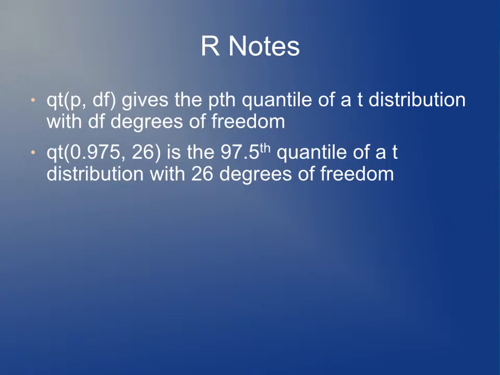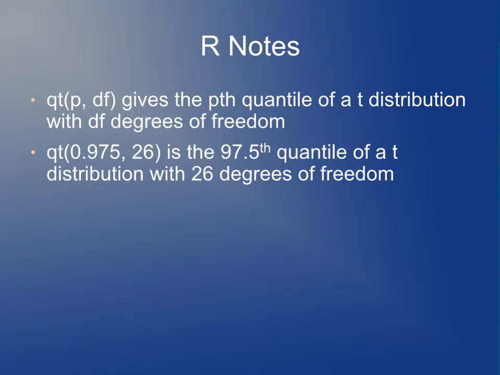So, in general, the command in R, qt(p, df), will give you the pth quantile of a t-distribution with df degrees of freedom, so qt(0.975, 26) is the 97.5% quantile of a t-distribution with 26 degrees of freedom.